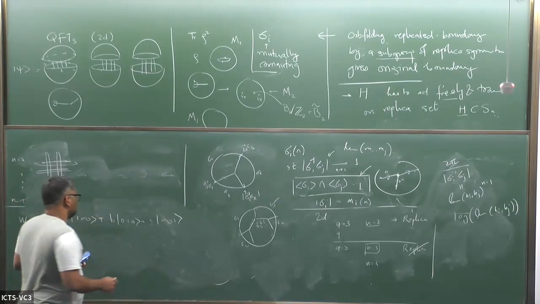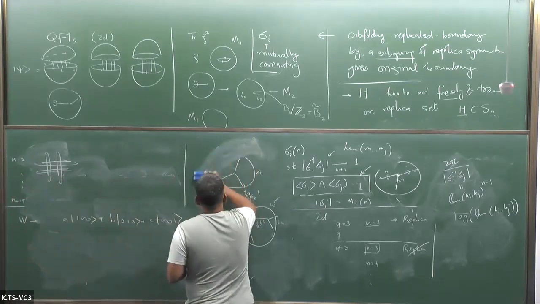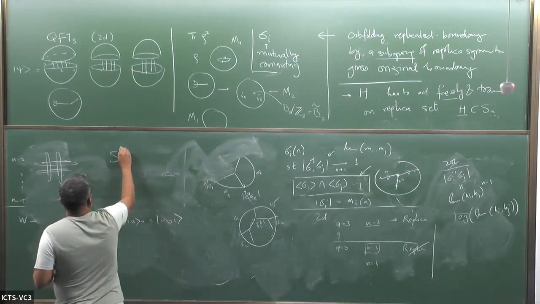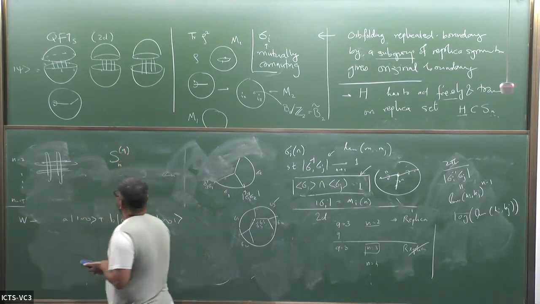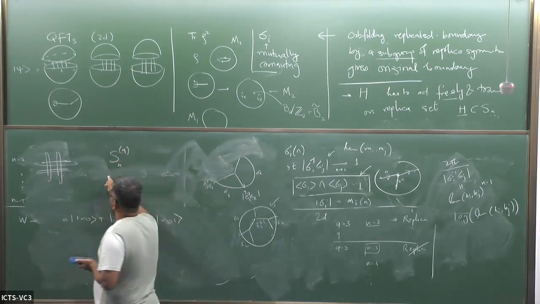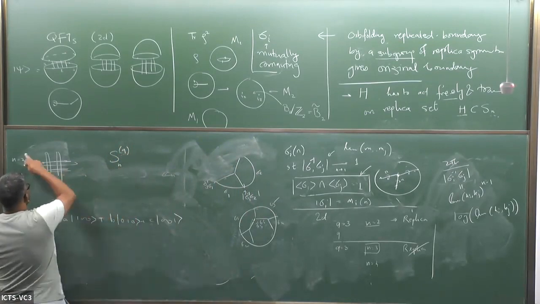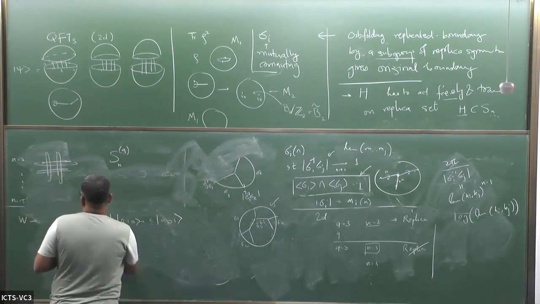And all of them seem to enjoy the following property. Let me call this object S_Q, the log of this object for Q parties, and N is how many times this n by n grid, let's say.